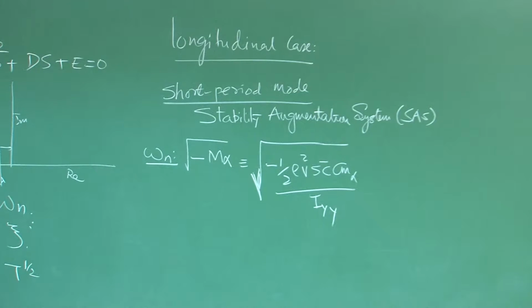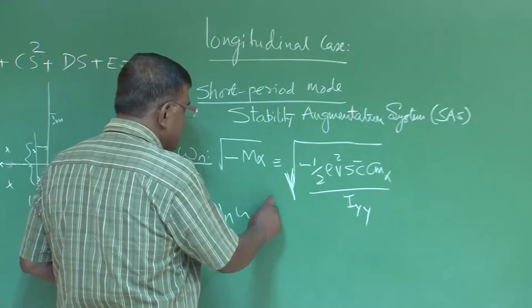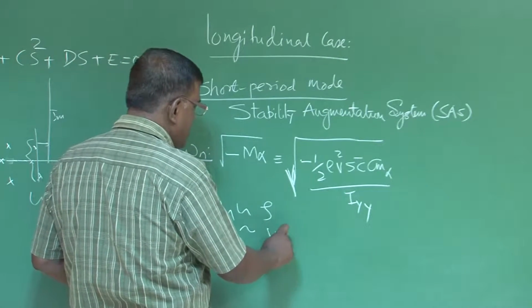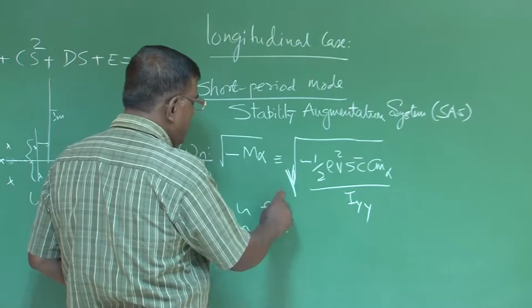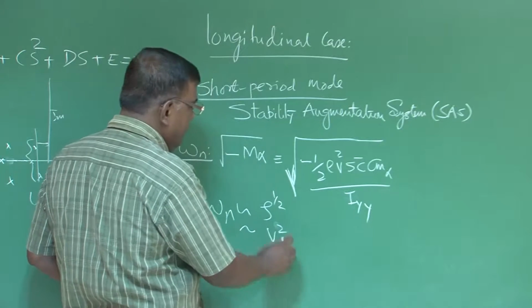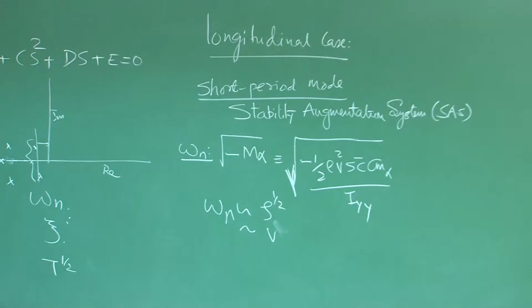You could see that this omega n will go on changing with rho. It will change with V or V square, or rho I can write because in the root, rho to the power half and V. The point is, as going higher and higher, natural frequency of the short period mode will go on reducing.